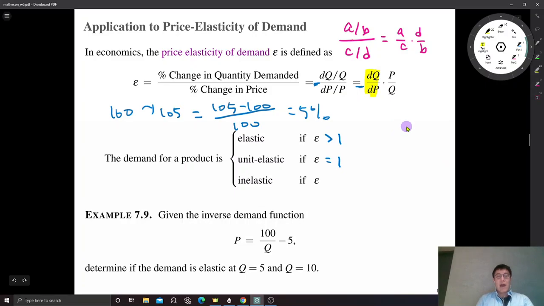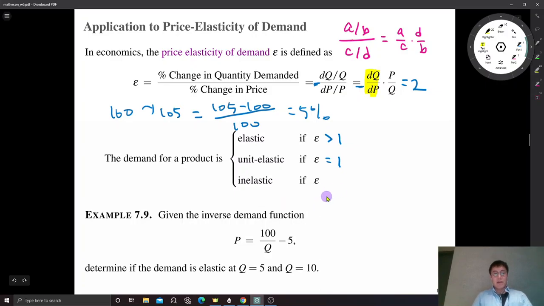Say if epsilon is 2, that means if price goes up 1%, then quantity demanded drops 2%. So in that sense, we say demand is elastic, so sensitive to price change.